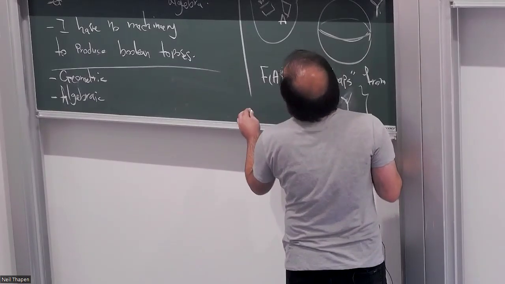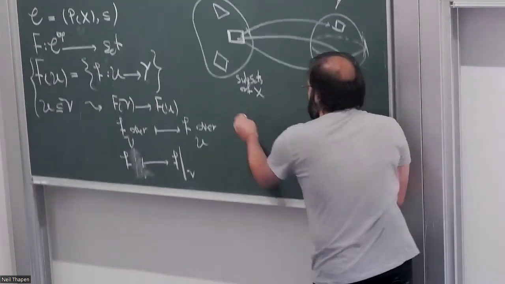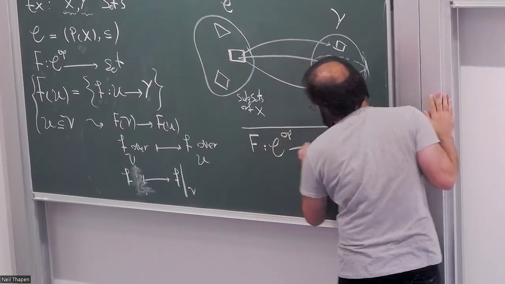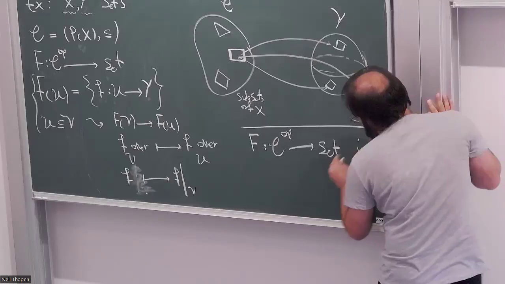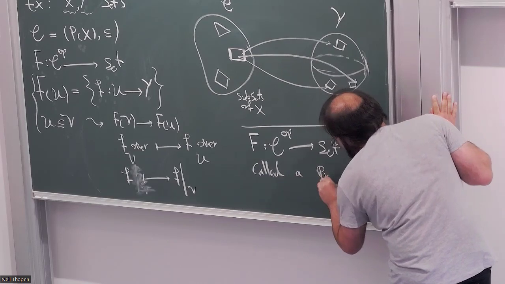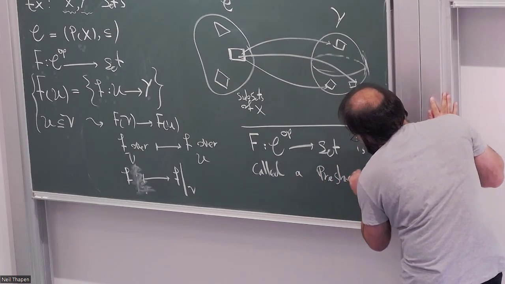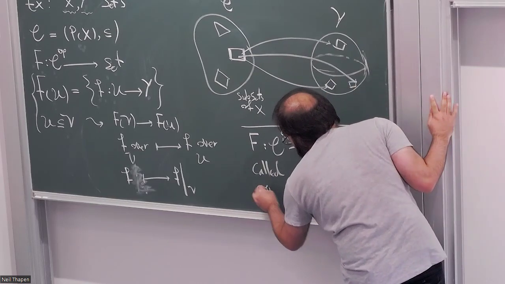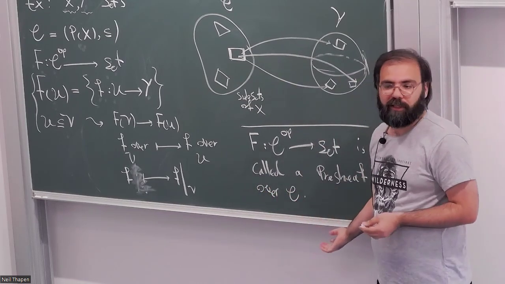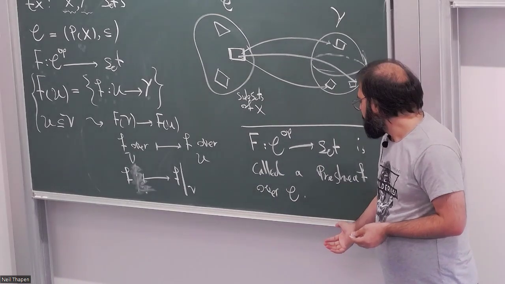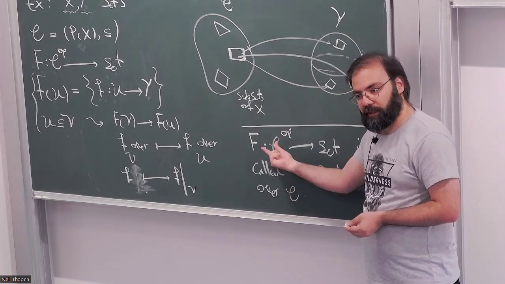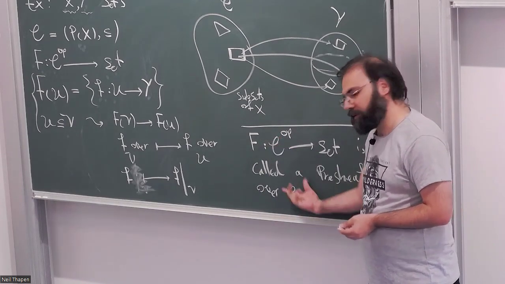So any functor from C opposite to set is called a pre-sheaf, say over C or on C. So it's a functor, but I have just another name for that. And remember that when I say that something is pre-sheaf over C, then it means it's a contravariant functor, right? By definition.